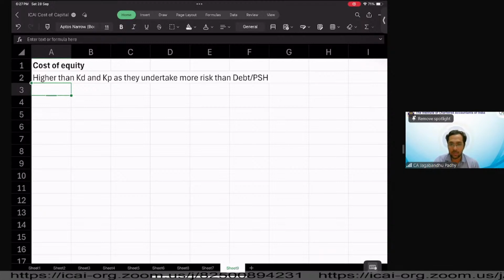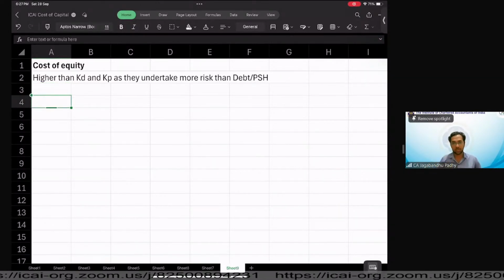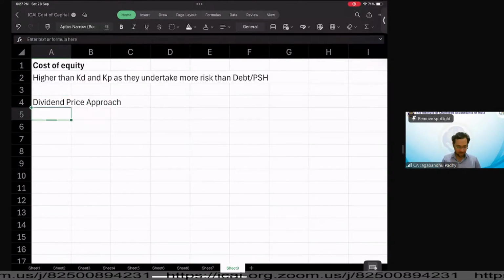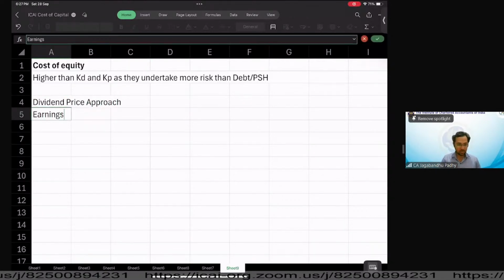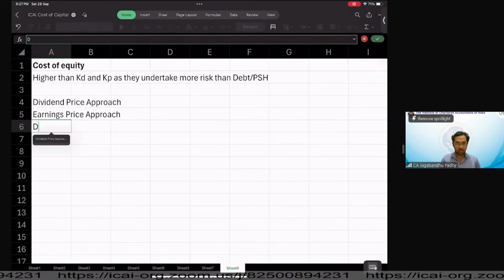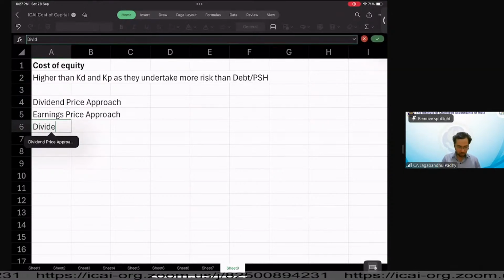Okay, so there are different approaches, out of which we are going to cover certain approaches. One is the dividend price approach. Second is earnings price approach. Third is the dividend growth approach.